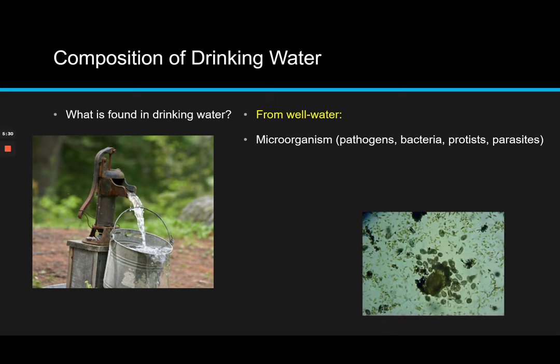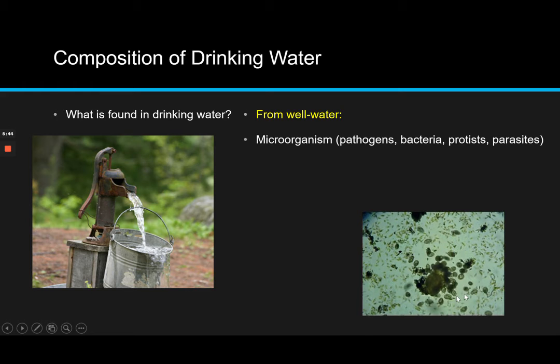So these would include pathogens, so organisms that can cause disease, bacteria, which may or may not cause disease, protists, or parasites. So if you look at the image below, okay, you'll see a whole bunch of microorganisms. These are mostly protists and bacteria that are basically found in well water.